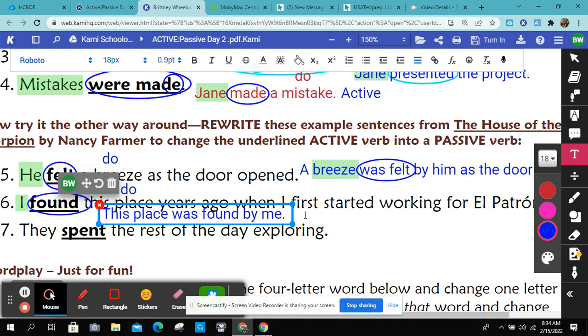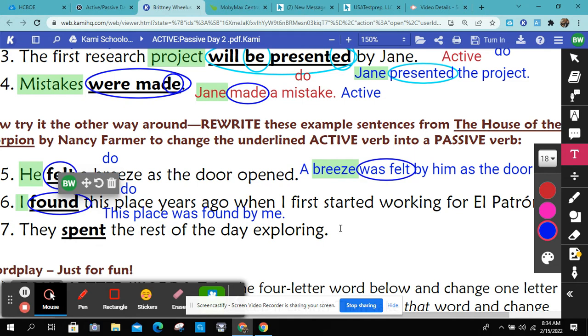This place was found by me, or I found this place, okay? I have made this sentence passive by swapping. The place can't do anything, okay? It's not a person or a thing, or an animal. Some of these words we can leave out, okay?